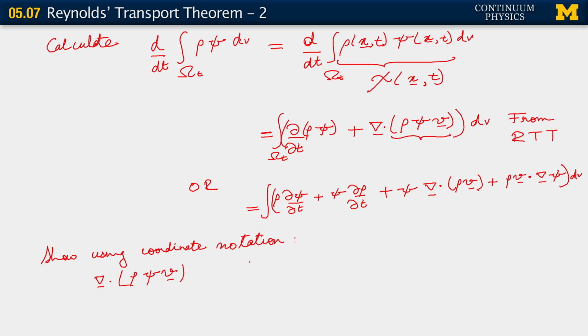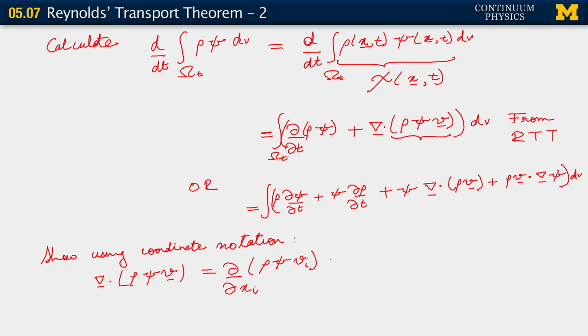Rho and psi are scalars, v is a vector, so this is just the derivative with respect to x sub i of rho psi v_i. Now, the way we decided to combine this was to take rho and v together and psi by itself.